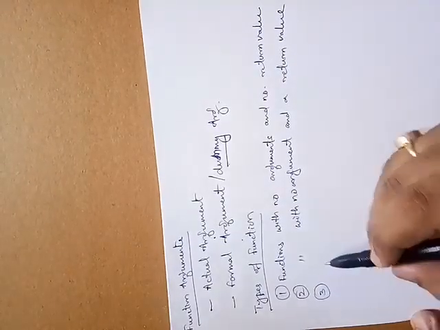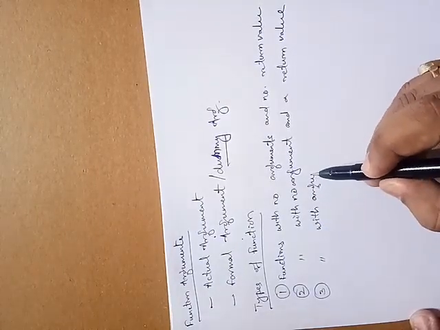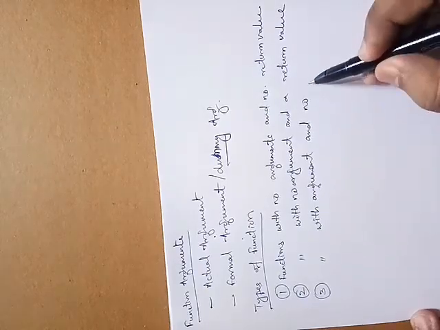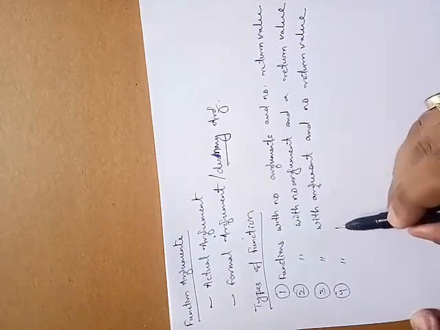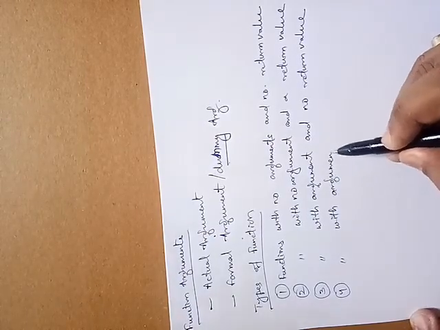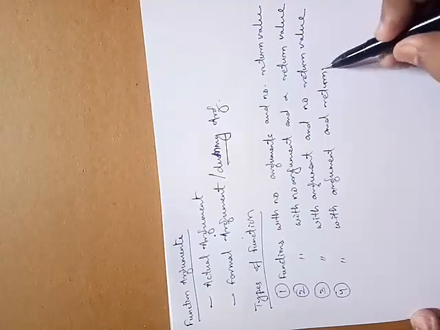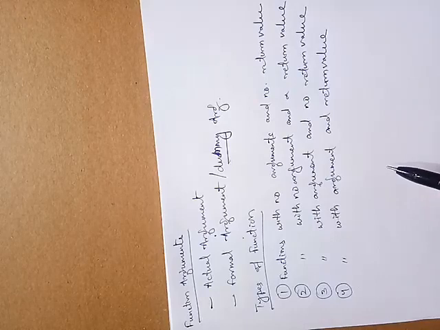Third one is function with argument and no return value. And the fourth one is function with argument and a return value. So these are the four different types of function.